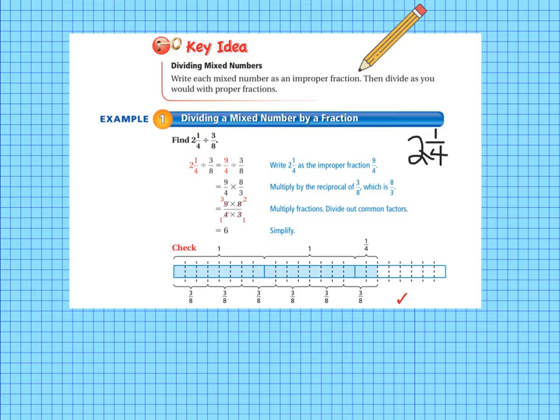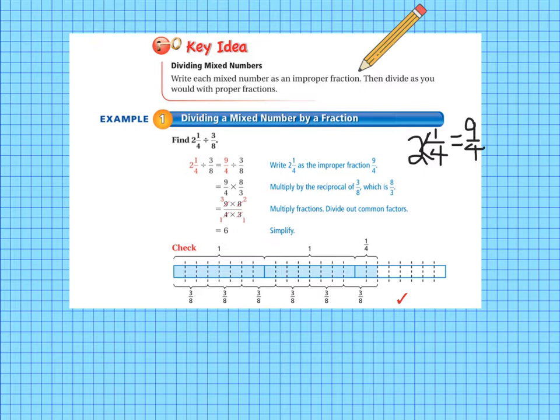So 4 times 2 is 8. That tells us how many fourths there are in the whole number. And then we add the fourth that we already had. So 8 plus 1 equals 9. And that tells us how many fourths we have all together.